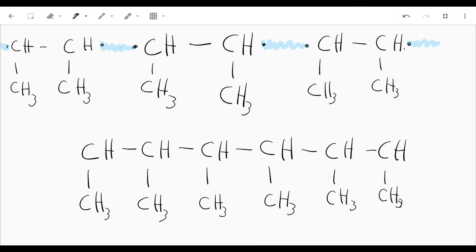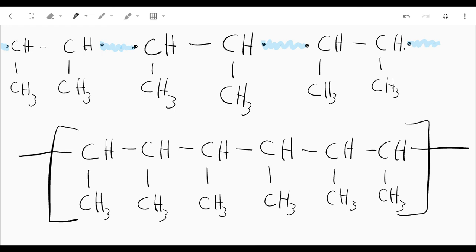Okay, now I've got all my branches in. Next, I'm going to add in my square brackets, indicate bonds continuing outwards, and indicate my n down in the bottom. And this is what polybutadiene would look like.